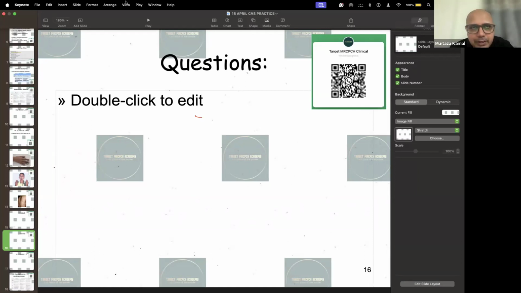TOF, VSD with PS, DORV, VSD with PS, TGA, VSD with PS, CCTGA, VSD with PS, single ventricle with PS. These are all complex cyanotic heart disease. So anything with decreased pulmonary blood flow, that is why they have put a shunt. Why is the shunt put? To increase the pulmonary blood flow. So any complex heart disease you have to put.